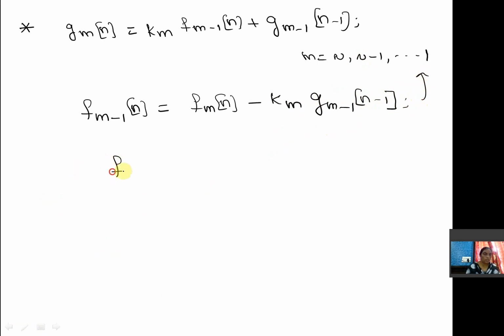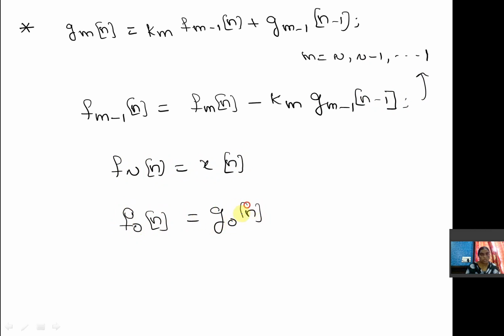Then Fn of n is x of n, y of n is nothing but f naught of n, which is also equal to g naught of n, that is equal to y of n. So these are the equations used to realize the lattice form for the IIR filter.